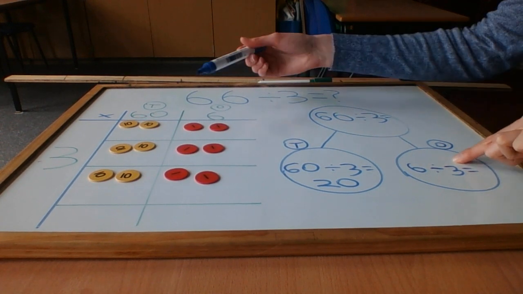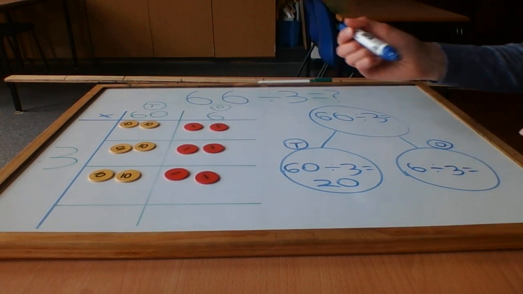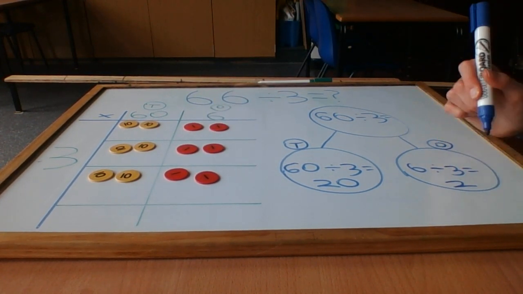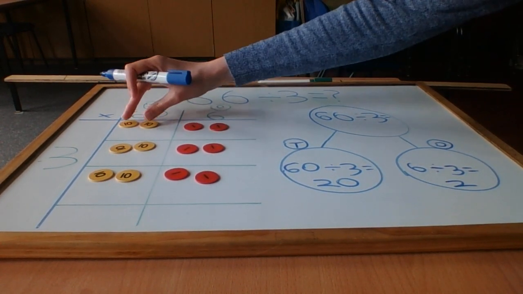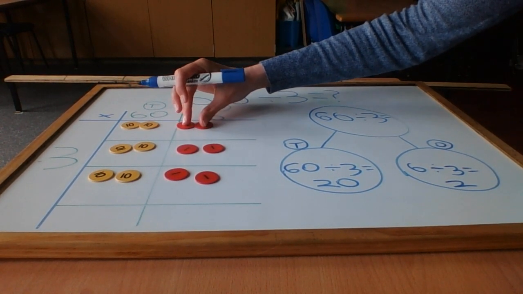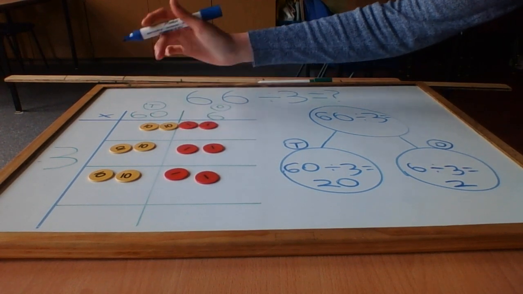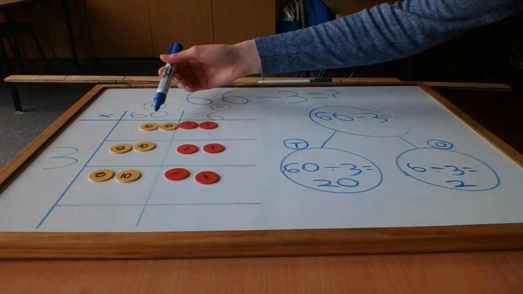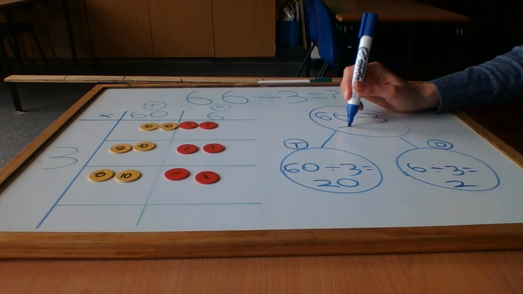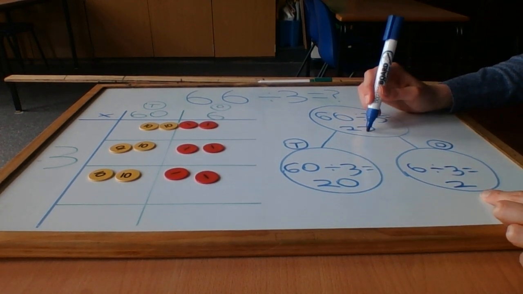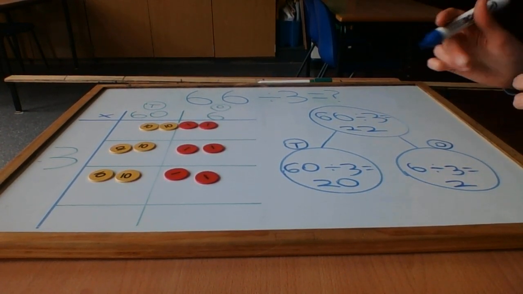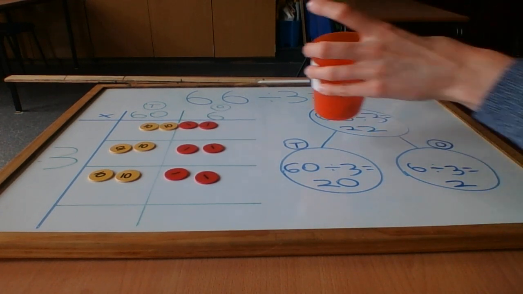And then the ones side, 6 divided by 3 was 2, 2 in each group. Altogether, that makes 22. So altogether, 66 divided by 3 is 22. I'm going to put that in the top box of the part-whole model.